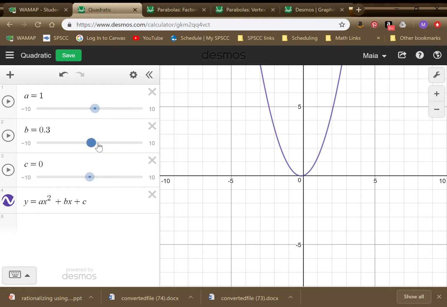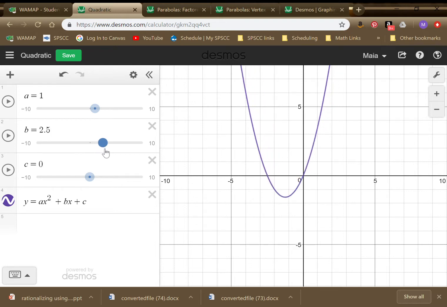Since this is a class for mostly people who are headed to calculus, I'll tell you what calculus would say about b. c is determining where we cross the y-axis. So notice we always hit this point 0, 0. One way to think of b is b tells you how steep the graph is when it passes through the y-intercept. So that's one way to think of it. I don't know if that helps or not.